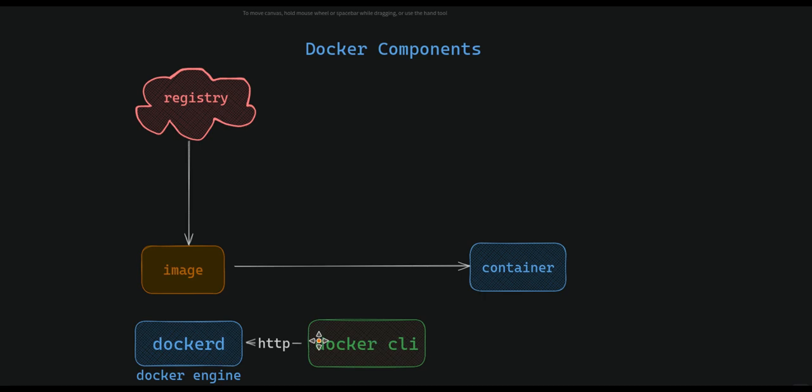These two communicate through HTTP. There is a Docker socket, and through that socket, the Docker CLI communicates with the Docker engine. The Docker CLI is the command line tool by which we can interact with the Docker engine. So after installing Docker, we will get a docker command in our terminal. So these are the two main components of Docker.